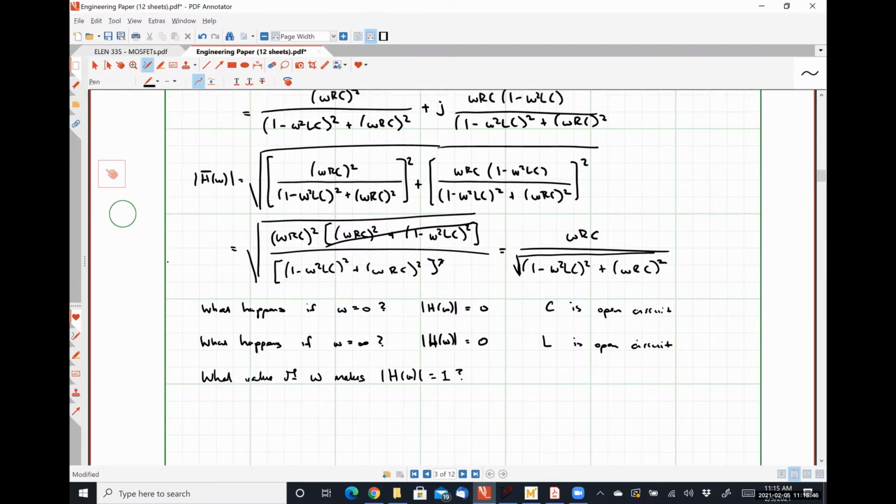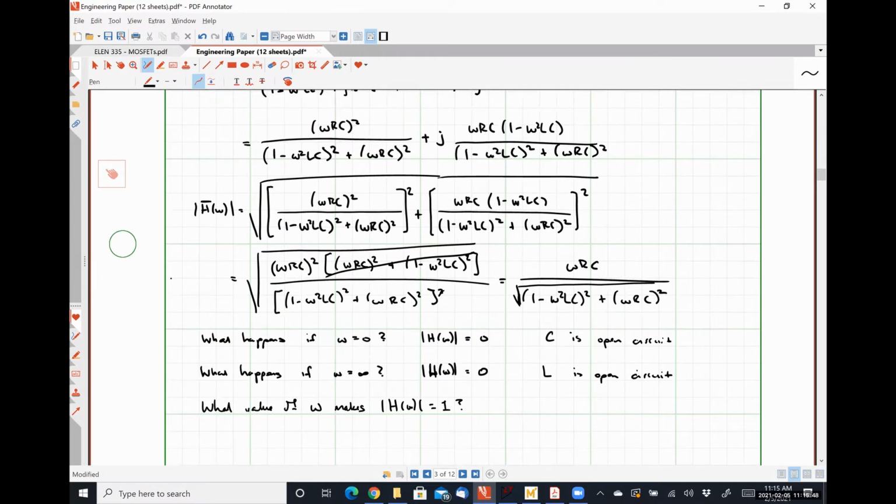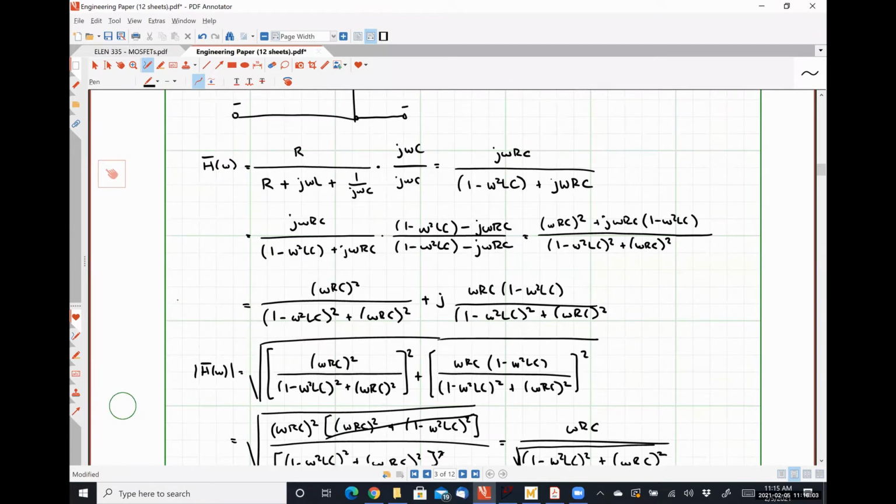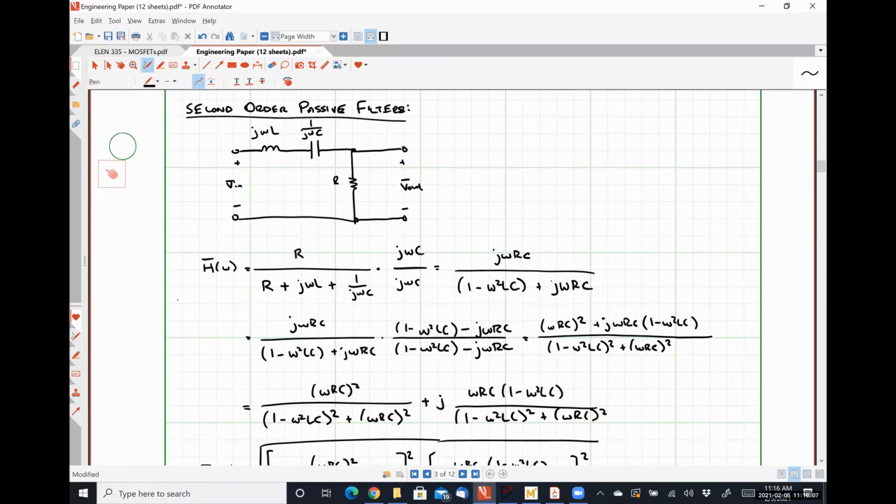So fundamentally, what does it mean if the magnitude of our transfer function is 1? That means that V out is exactly equal to V in. All right, so we are trying to figure out what frequency causes that to occur.